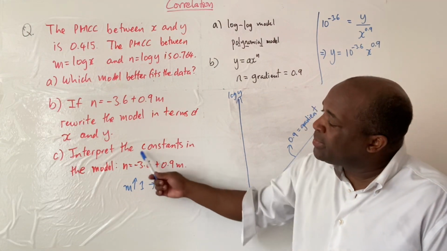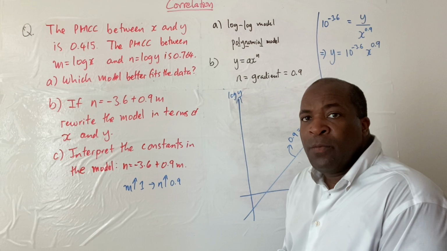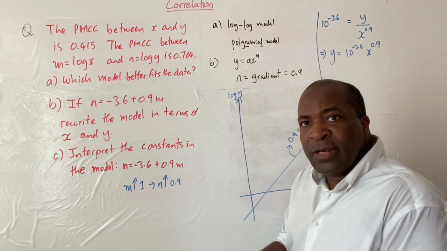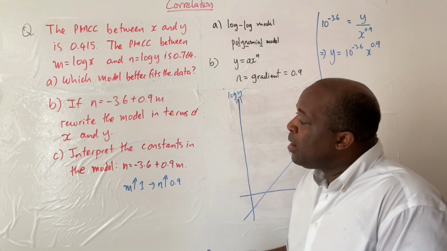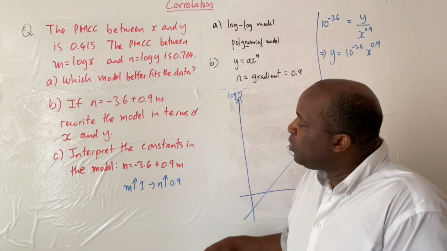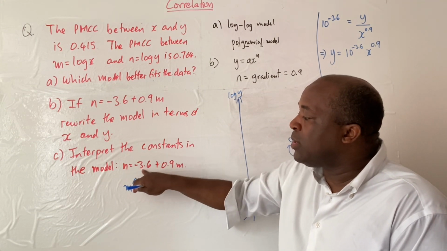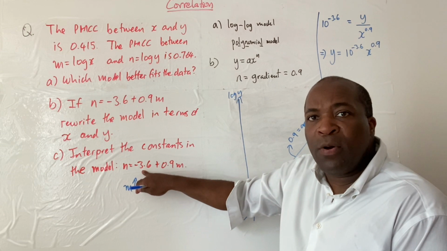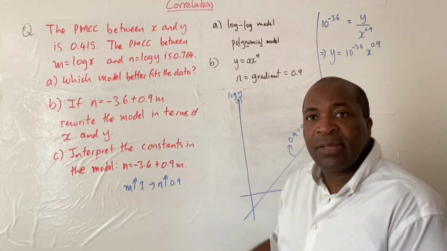Now sometimes the y-intercept is a nonsensical value, meaning that it does not have any practical interpretation, but generally how we would interpret it in a standard fashion would be if m is 0, then n is equal to minus 3.6. So for when m is 0, n is minus 3.6.